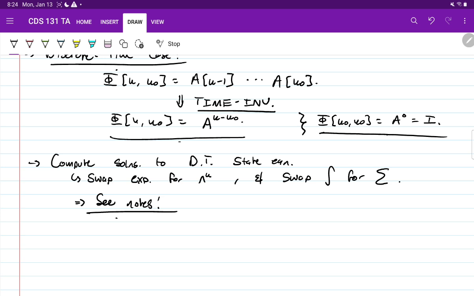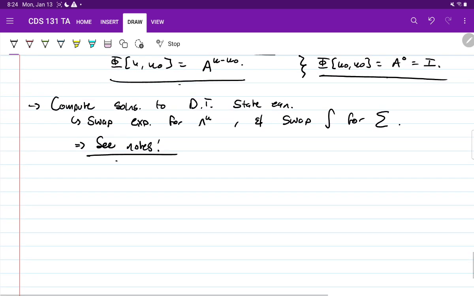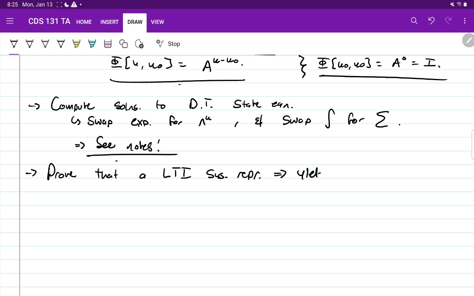All right, so let's summarize some key takeaways. With a little bit of work, you can now prove that a linear time invariant system representation actually yields a formal linear time invariant dynamical system.